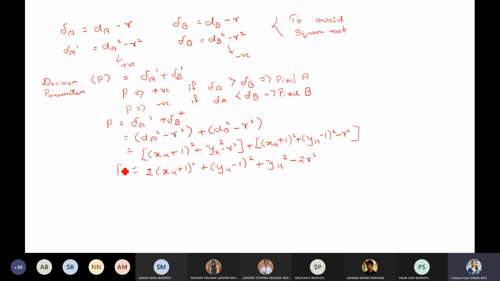So this is our pk. Let's say this is equation 1. Similarly, the decision parameter of the next iteration, pk plus 1, is equal to, just replace xk with xk plus 1. So these are our new terms.